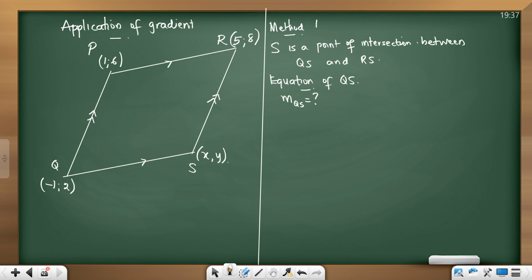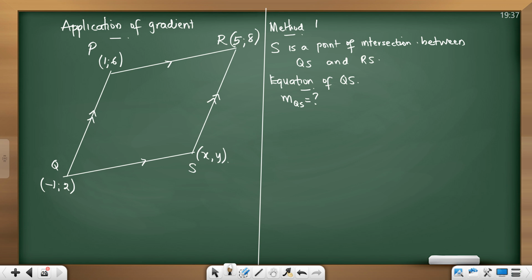Yes, Michelle? You can use the gradient of the line that's parallel to it. Oh, we can use the gradient of the line that is parallel to QS. Which line is that, Michelle? That is PR, because we learned that when 2 lines are parallel, they have the same gradient.